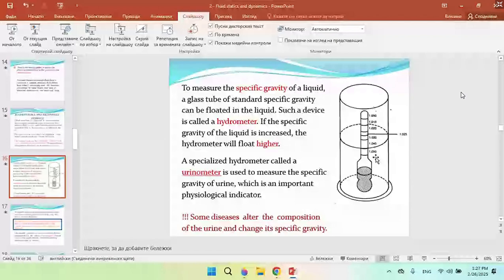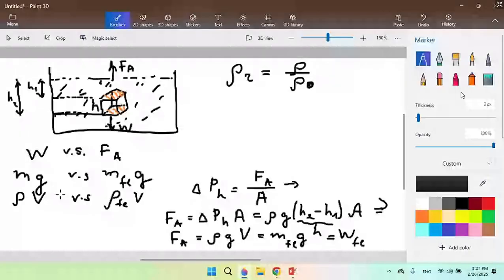So thus, having in mind our explanation here, the density of the body being submerged is fixed.